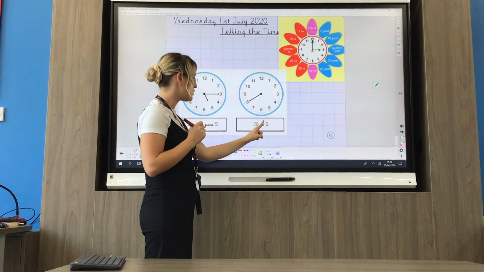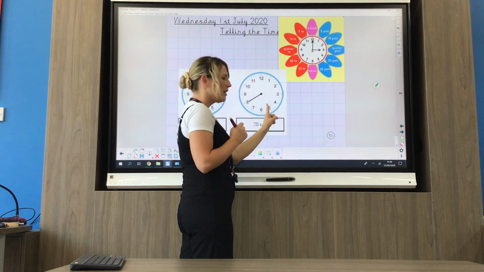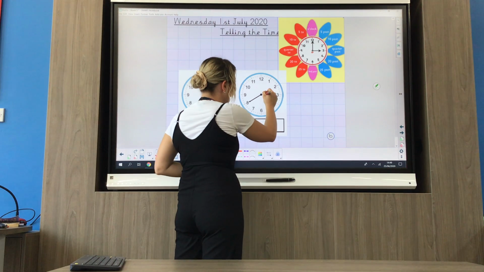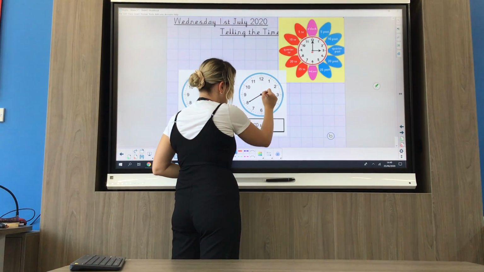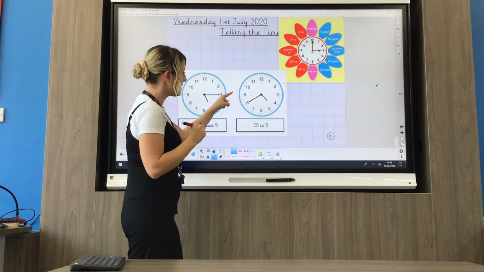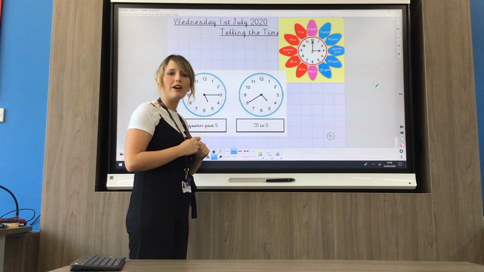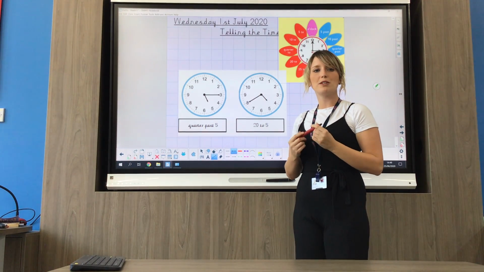Now it's 20 minutes to 5. So I'm going to point to the 5. Remember, it's not quite 5 o'clock yet, so I'm going to go a little bit before for my short hour hand. It's going to go a bit before the 5, because in 20 minutes time it will point directly at the 5 for 5 o'clock. Okay, so those are your activities for today. I'm sure you will do great.